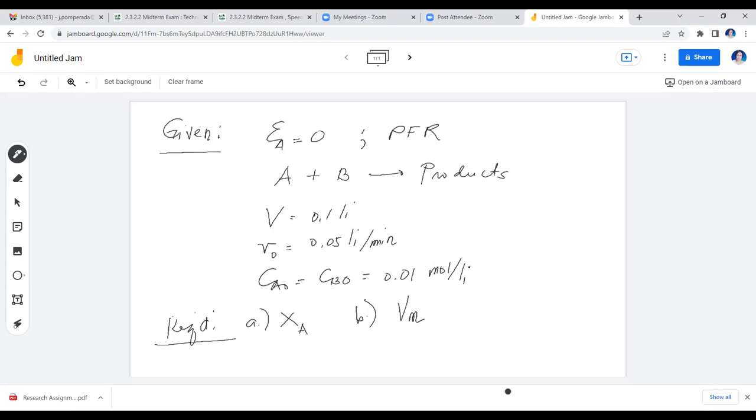And letter C: what conversion can be expected in the mixed flow reactor equal in size to the plug flow? So this time, we have this condition. If V sub M is equal to V sub P, what is the X sub A? Okay?